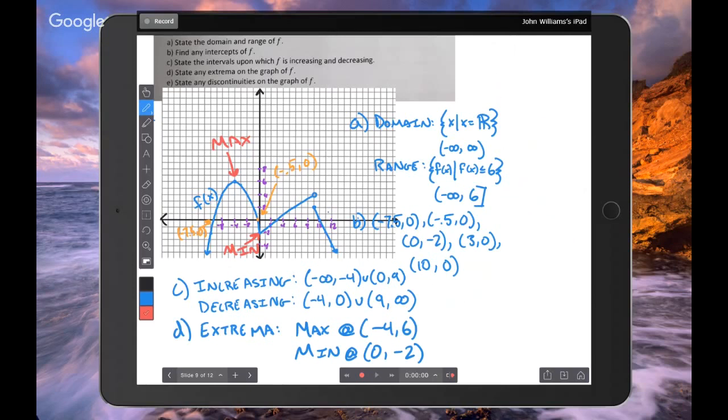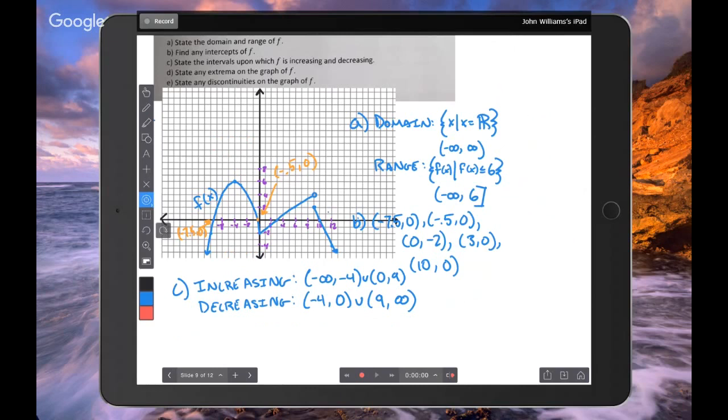Lauren, excellent question. Something well worth noting. I need to say I'm increasing from negative infinity to negative 4, not to 6, because I say where I'm increasing based on the x-axis. The y values tell me whether or not I'm increasing. The x values tell me where I'm increasing.